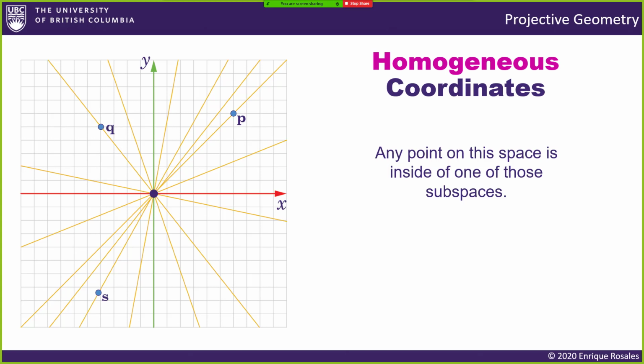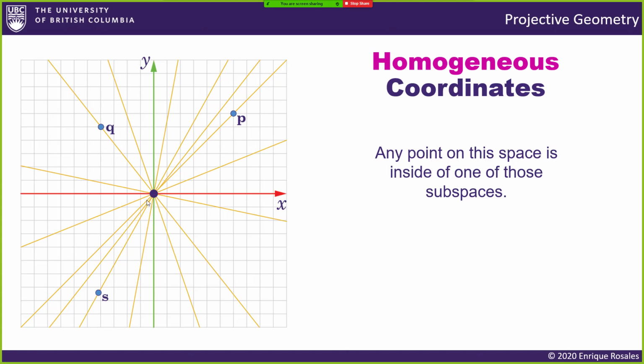Perhaps. Okay, someone says perhaps. What about the origin? Okay, good question. But it's the same, right? If you have the point on the origin, these lines are all passing through the origin. That is a very good observation.